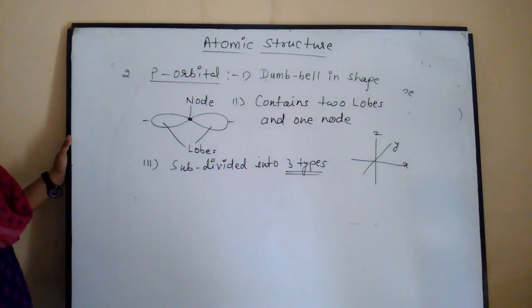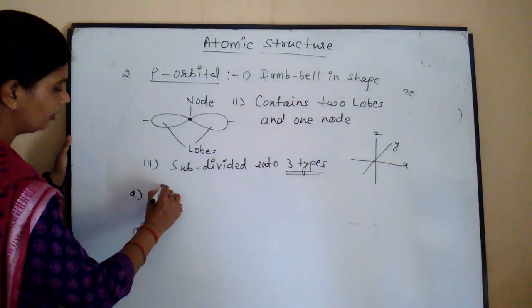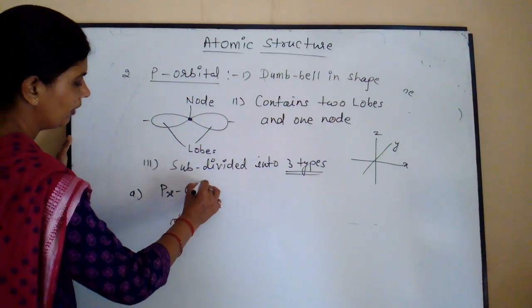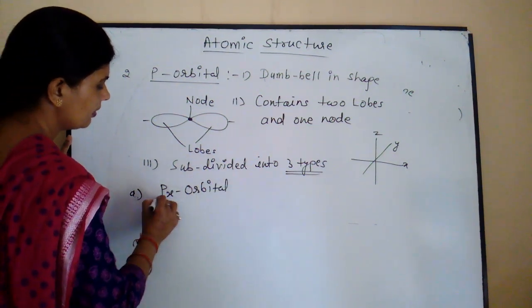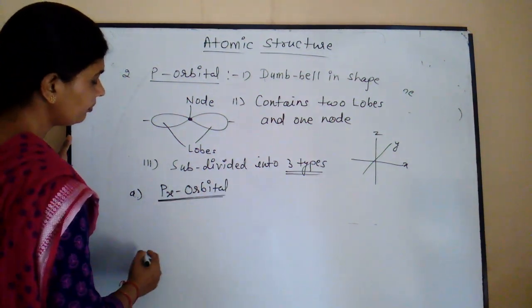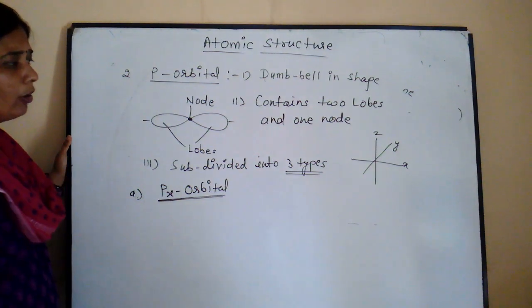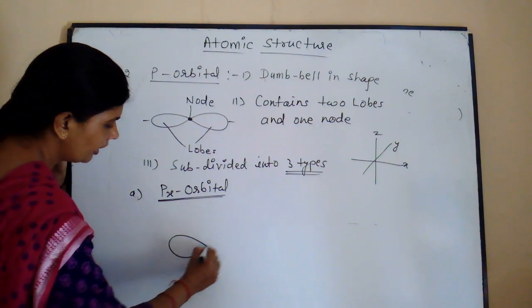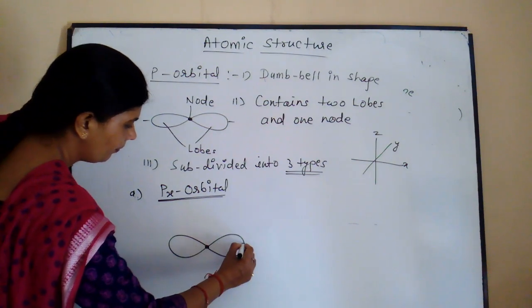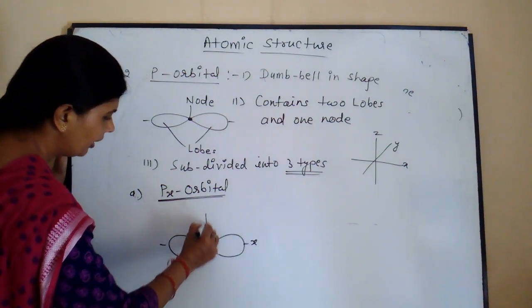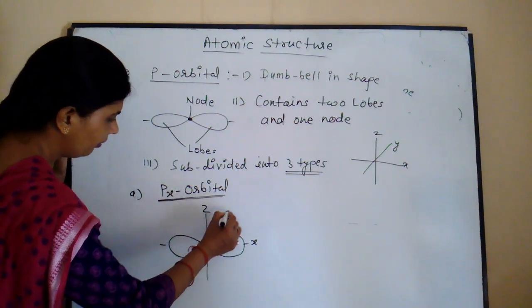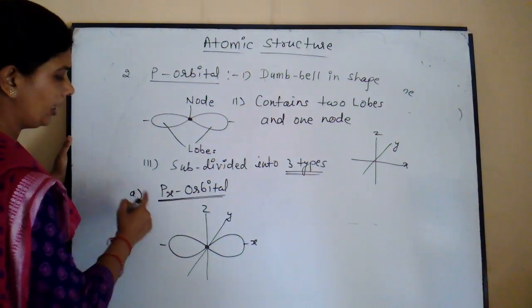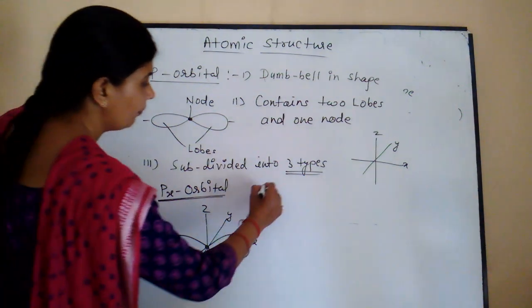First is called px orbital. If the p orbital is present in the x direction or x axis, remaining axes are z and y, so they are called px orbital.